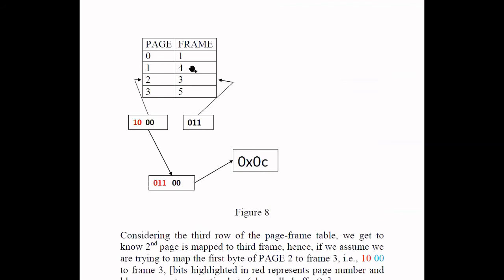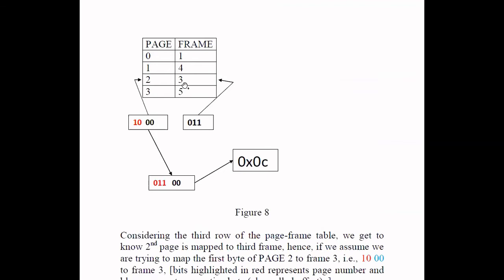So let us take a small example, some calculation. If we do, we can understand how these 4 bits of logical address are getting mapped to the 5 bits of the physical address. Suppose I consider page number 2, which is getting mapped to frame number 3.